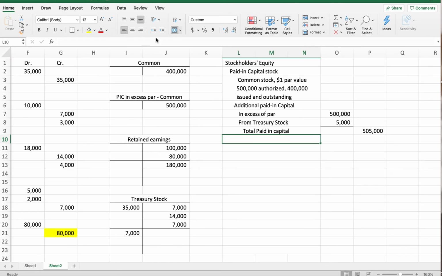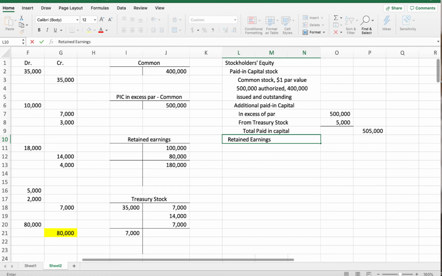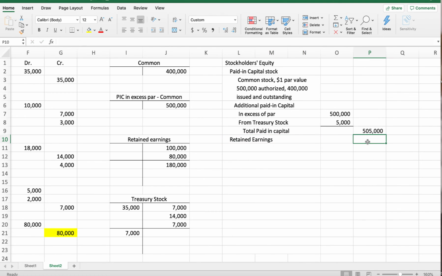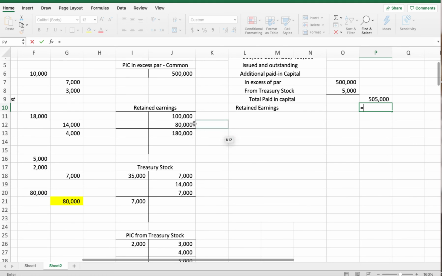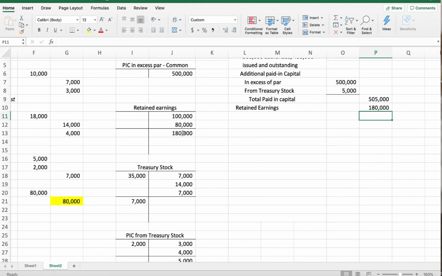Now we're going to list our retained earnings. So I want to indent once, type retained earnings, and I need to list what my retained earnings are. Well, that's easy. I'm going to come over to my column P and I'm going to go find my retained earnings account and I'm going to post that balance. There's $180,000.